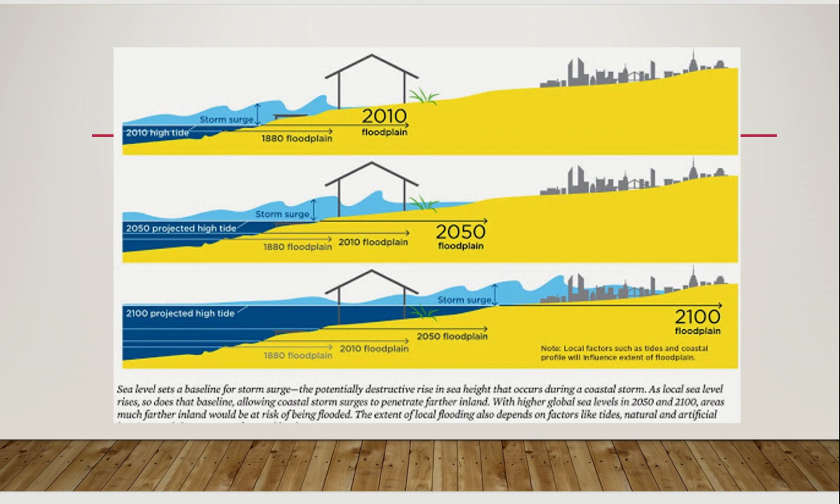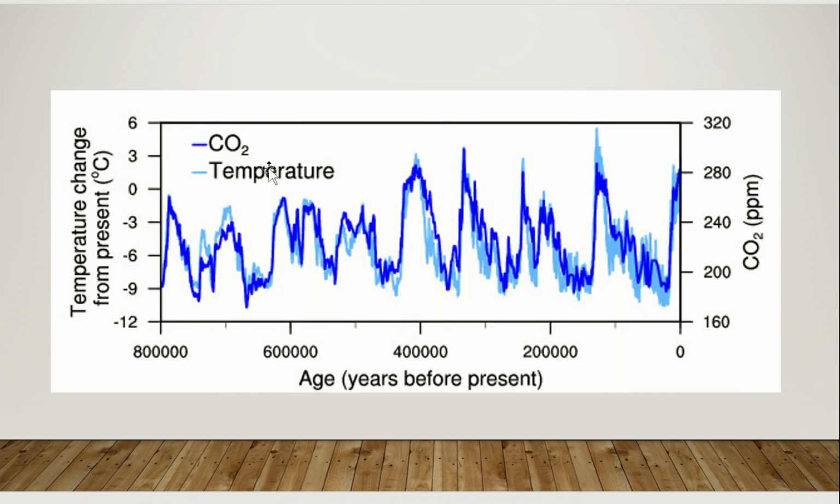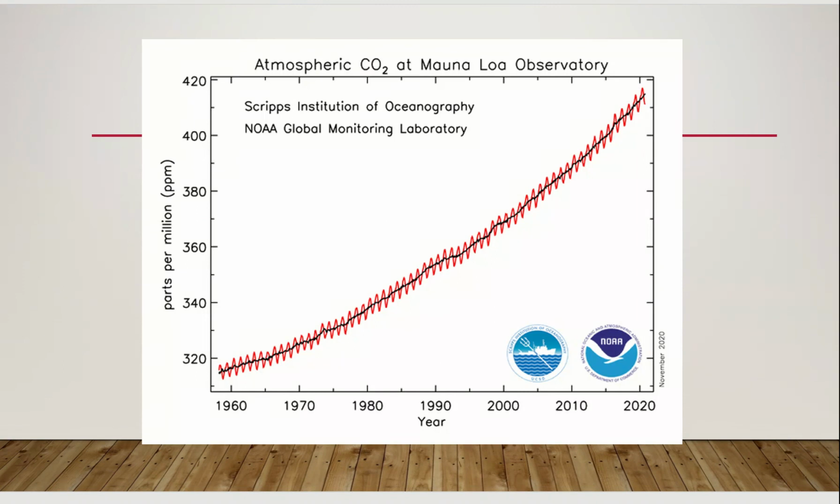So it's really important that you understand how to interpret a graph, right? And how to find relationships between one graph and another, right? Now, how does that relate to our assignment?